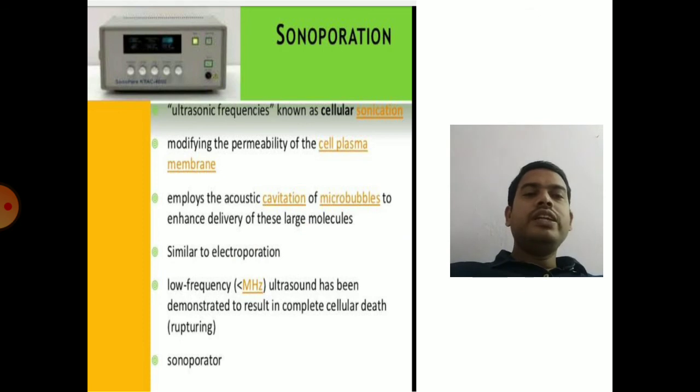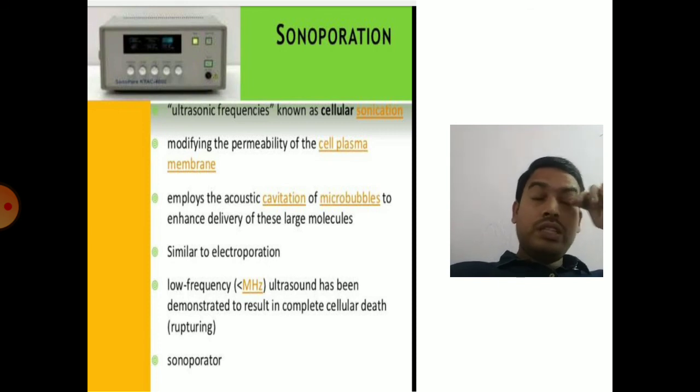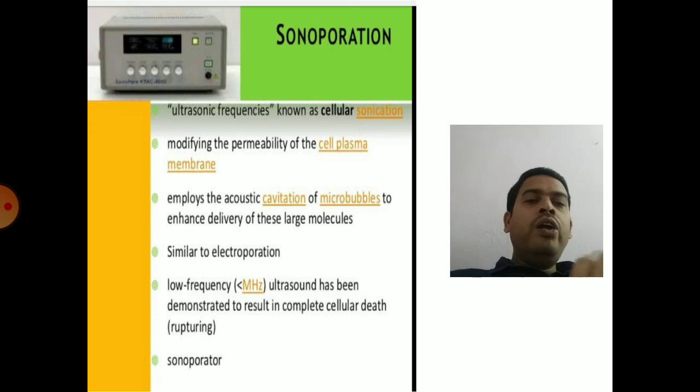So the next one is sonoporation. This is the same principle as electroporation, but here you use acoustic sound waves to make pores in the plasma membrane. So acoustic waves are used, that means ultrasonic waves. Low frequency ultrasonic waves are used to make the plasma membrane permeable to your foreign DNA.